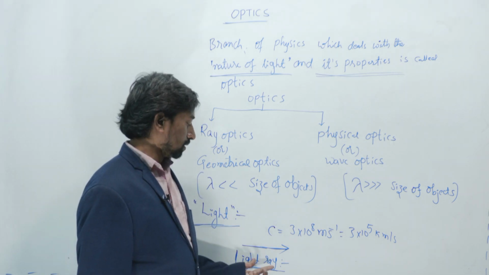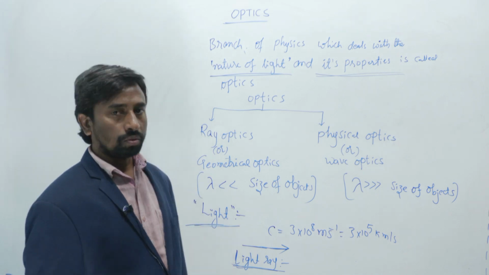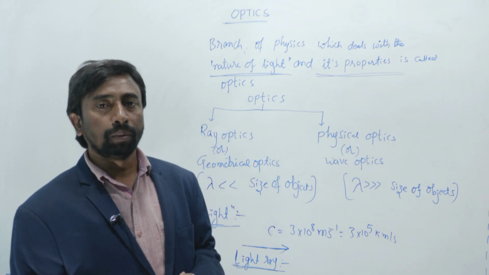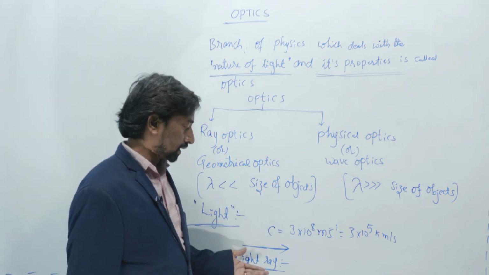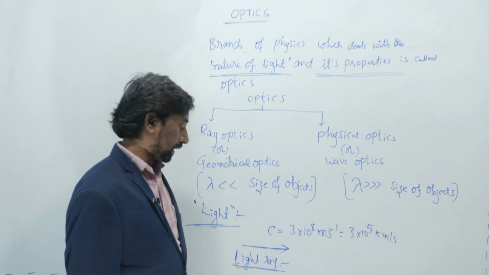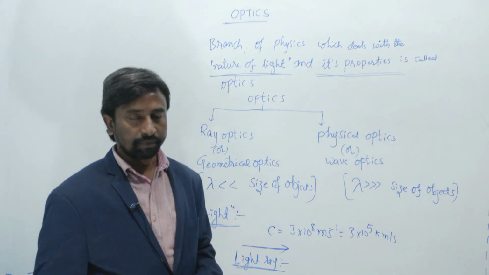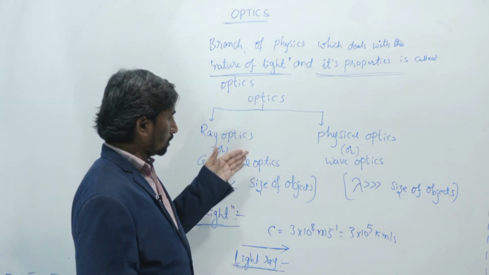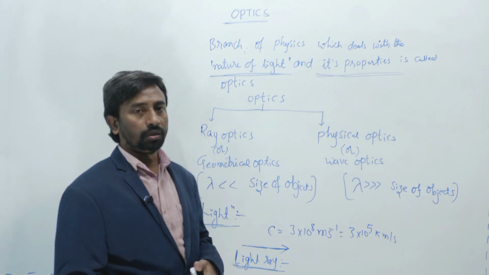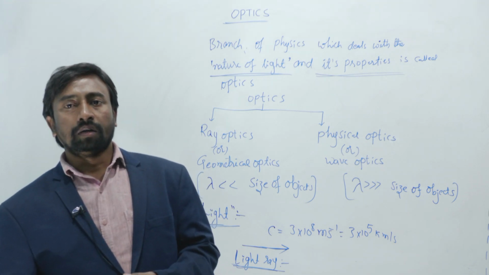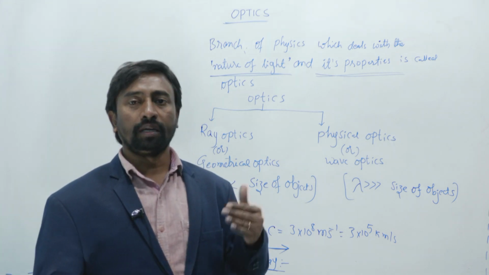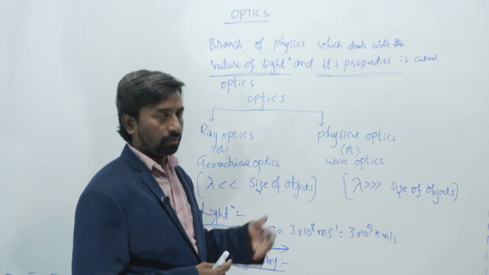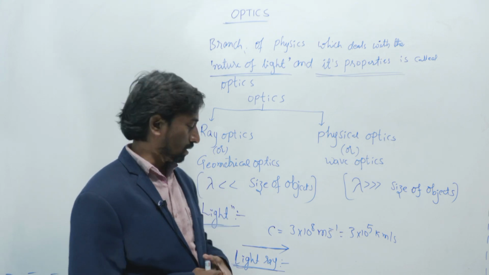It is said to be the ray of light or light ray. A bunch or bundle of light rays is said to be a beam of light. We are going to see all these basic definitions, and then the properties of light, and how they are exhibited when light encounters objects.